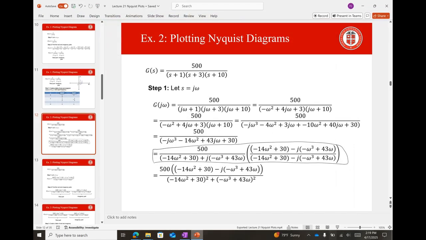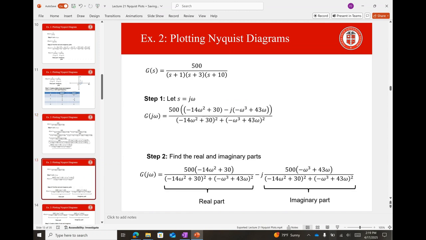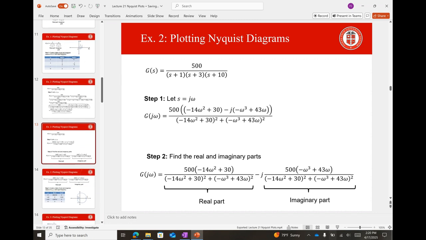Okay, so just to double check here, this is the exact same thing that we're getting. And this is our real part, and this is our imaginary part.